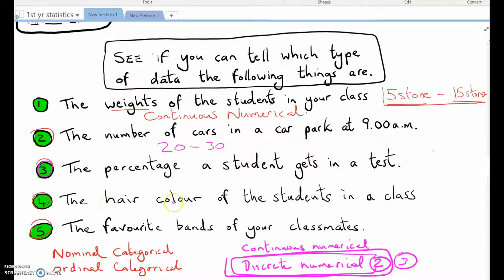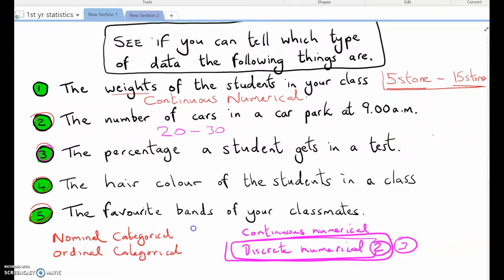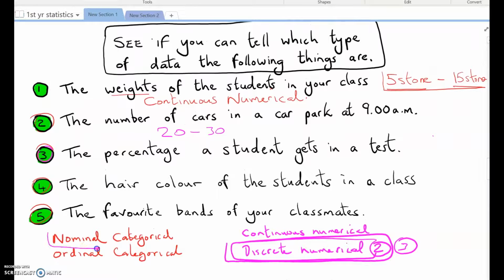Number 4, the hair colour of the students in your class. Some have blonde, some have black, some have red, some even have blue hair. But they're all an example of nominal categorical. They're word answers that can't be ranked.